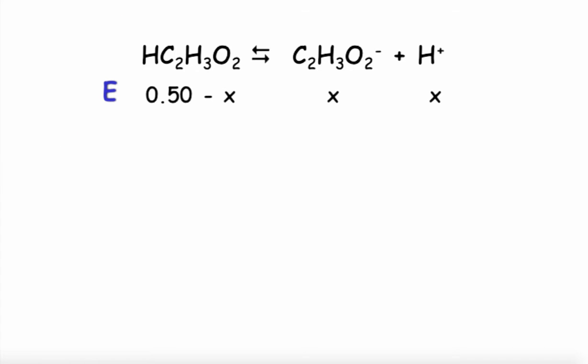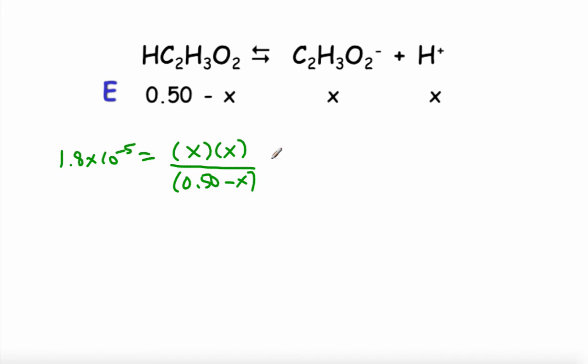And now we're going to go back to that equilibrium expression that we wrote previously. Now instead of putting Ka here, I'm going to actually write the numerical value for Ka that was given. And it was 1.8 times 10 to the minus 5th. And I'm just going to plug in the rest of my values from my ice table into my law of mass action.